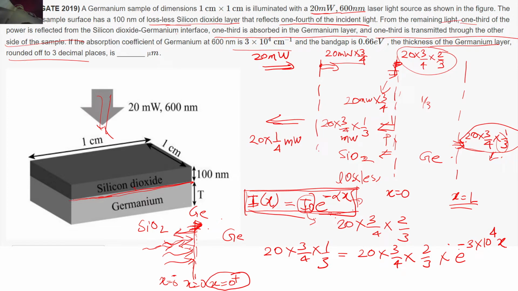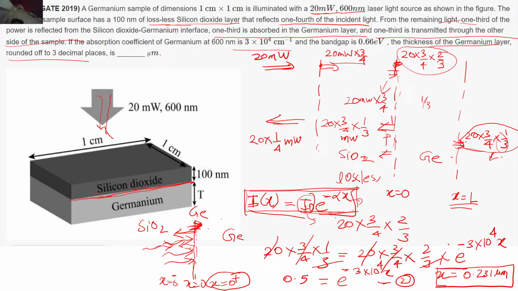So if you just cancel the terms, 20 into 3 by 4 will be cancelled, and even this 3 and 3 will be getting cancelled. So what you will be left with is 0.5 is equal to e to the power minus 3 into 10 to the power 4 into x. So this is equation number 2, and the moment you solve this, the value of x you will be getting is around 0.231 micrometer.